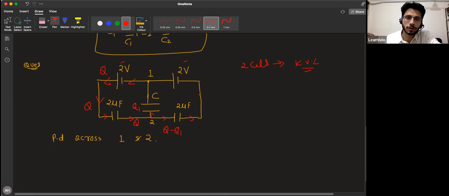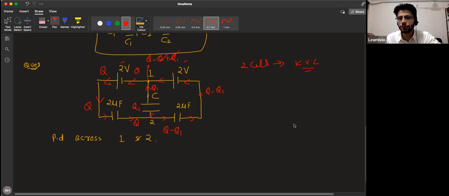Then Q1 and Q minus Q1 combine: Q minus Q1 plus Q1, Q1 cancels out, and you have Q only, which enters the cell. So that is the division.